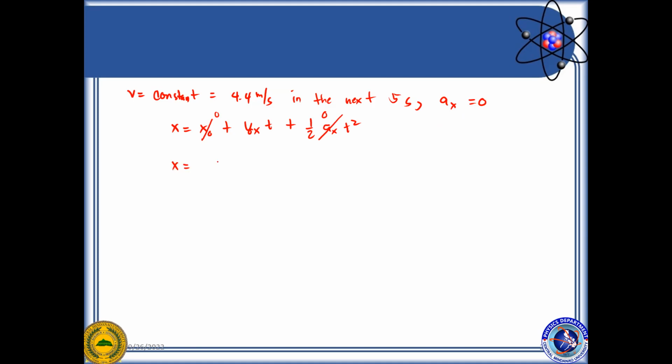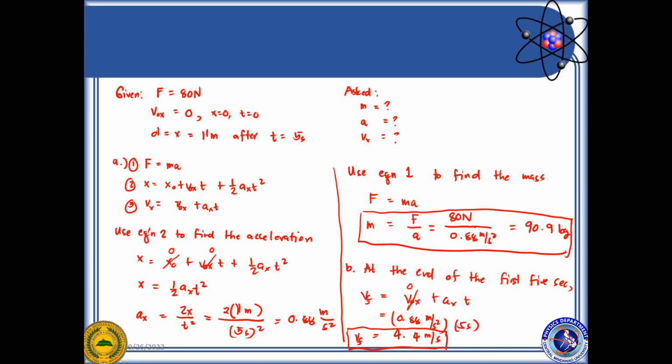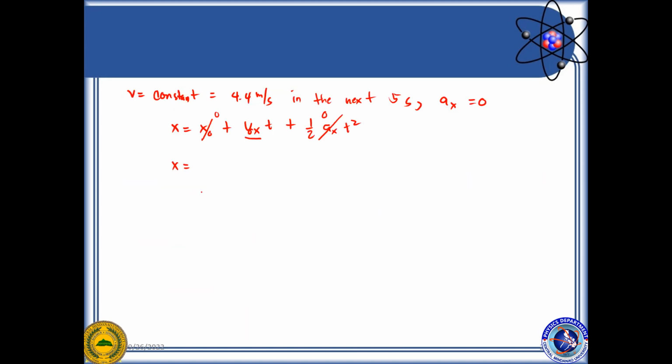So we have x is equal to, your v naught x here is equal to v sub f, so you have 4.4 meters per second multiplied by 5 seconds. So this is equal to 22 meters. So in the next 5 seconds, although the worker stops pushing, the block of ice has traveled 22 meters.